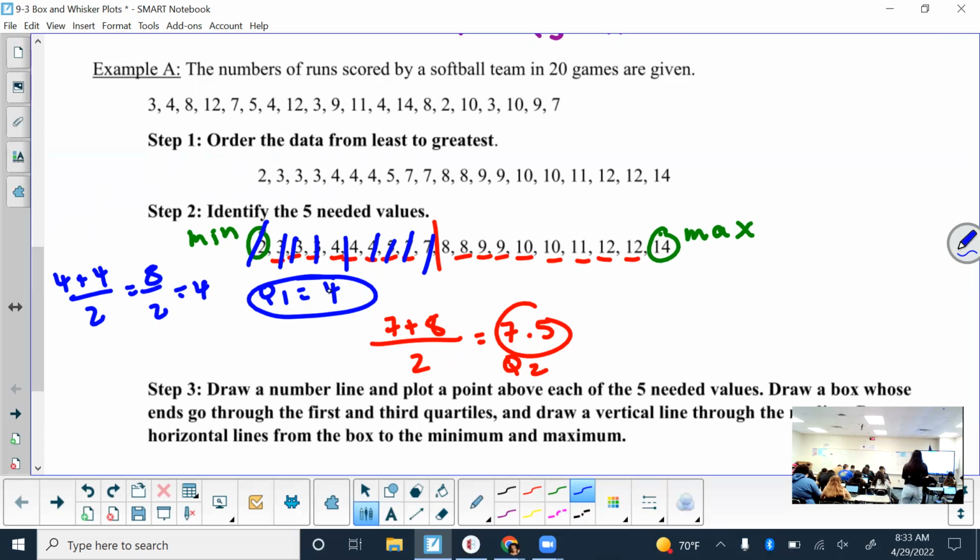Take about 10 seconds. What's the upper quartile? All right, so what is it?